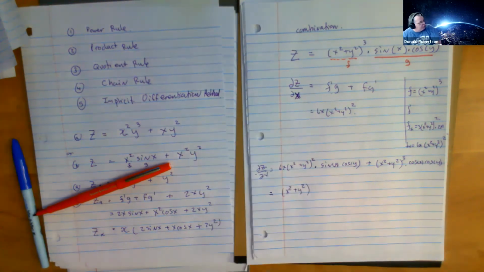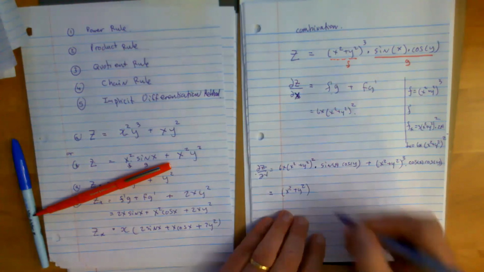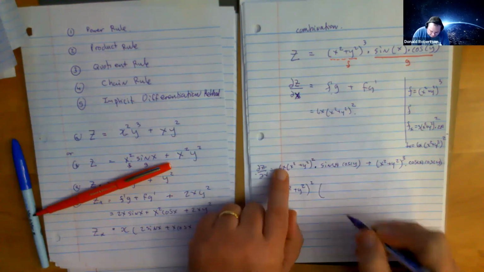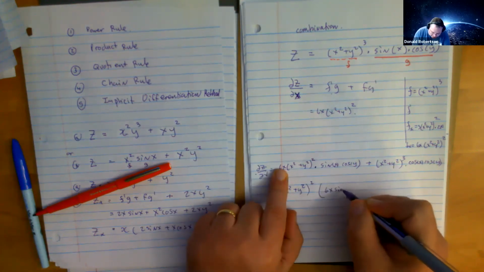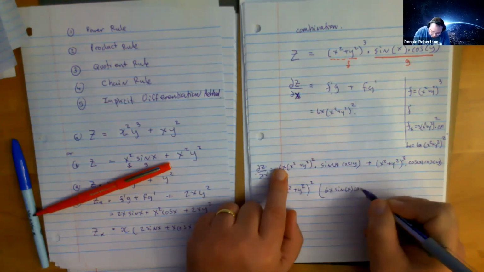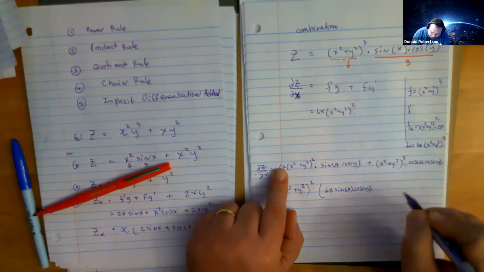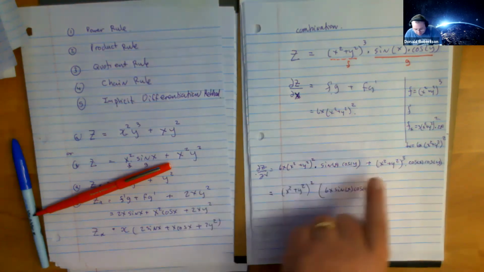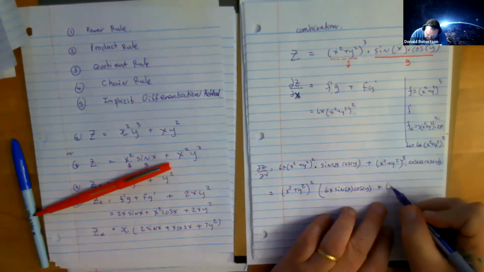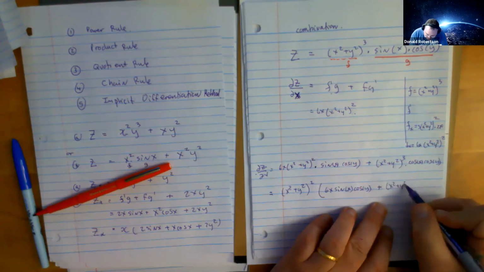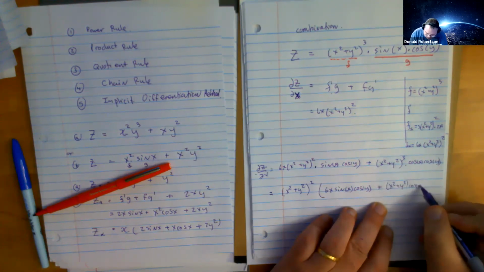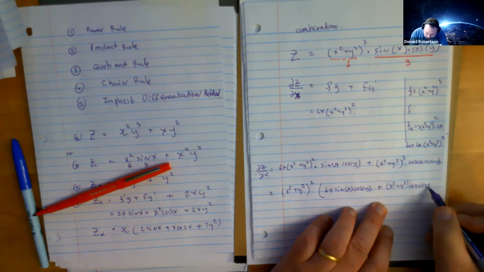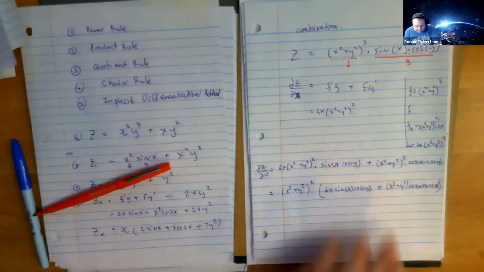A squared or a cube? Squared. Great. Which leaves me with 6x sine x cosine y plus one of these left over, x squared plus y squared, cosine x cosine y. Agreed?